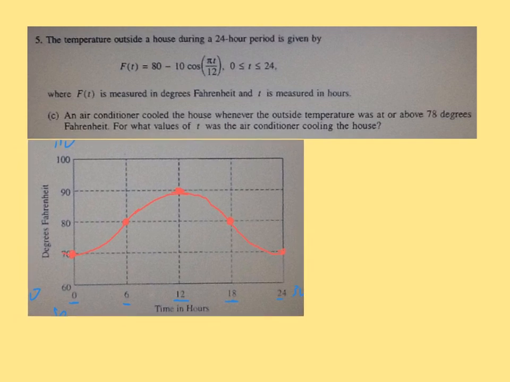So when the outside temperature is above 78 degrees, so 78 degrees is going to be in here somewhere. When it's above 78 degrees, the air conditioner is going to turn on. So what we're looking for here now is that intersection point there and there. When during the day was it actually cooling our house?